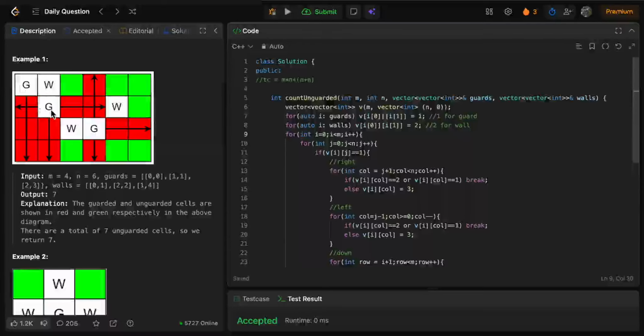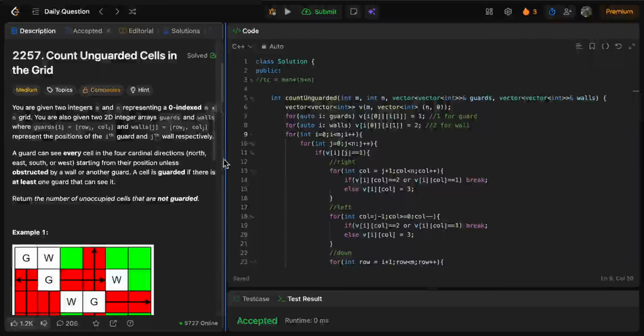This guard can see its left, right and down. Also this guard can see up, down and right. So all these red marked cells can be seen by the guards, while these yellow marked cells are unoccupied. We have to return the count of unoccupied cells, that is 1, 2, 3, 4, 5, 6 and 7. So the answer will be 7.